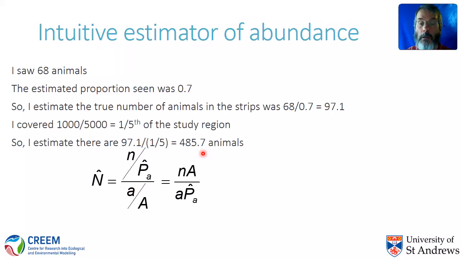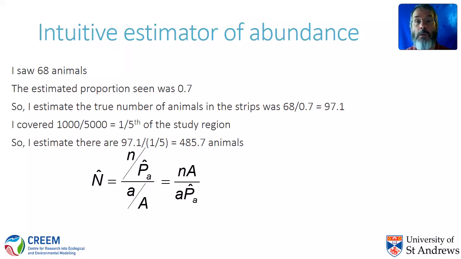This formula looks very similar to the plot formula. It had a little n, a big A, and a little a, and tacitly, that previous formula had a value for p sub a, but it was equal to 1.